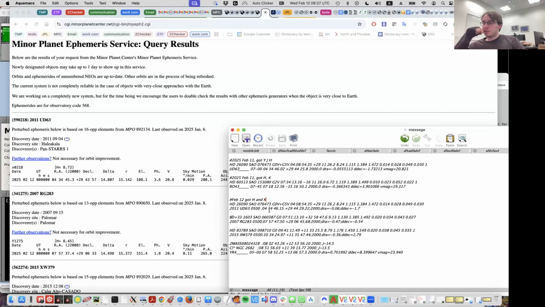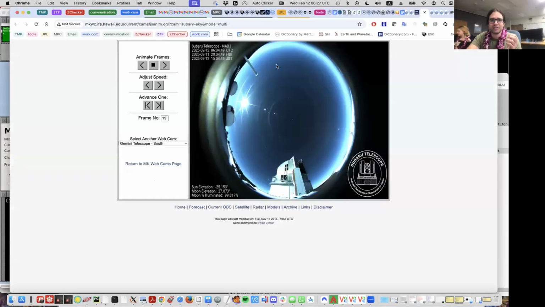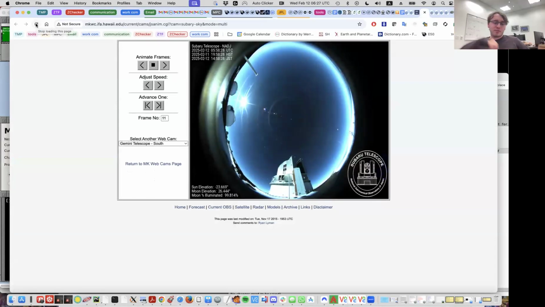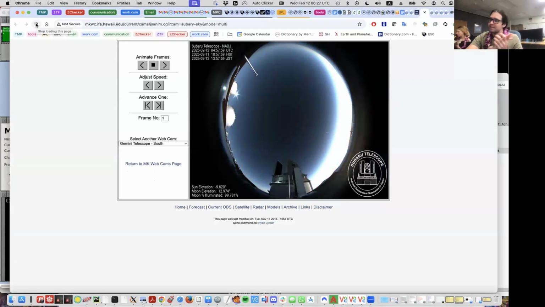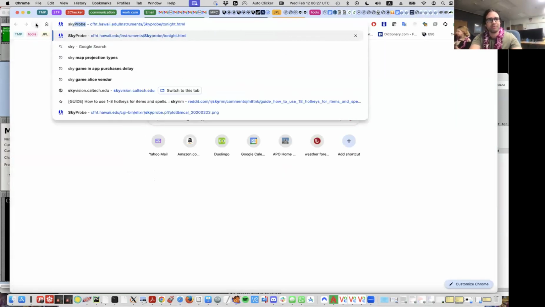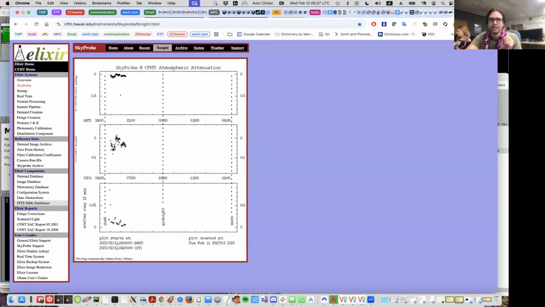So let's check on the sky conditions tonight, because we need very clear sky conditions for our imaging technique, which is very complicated tonight. We need photometric conditions. We also have something called the sky probe, which is an indication of the atmospheric attenuation caused by clouds. It's a very important thing that astronomers need to take note of.